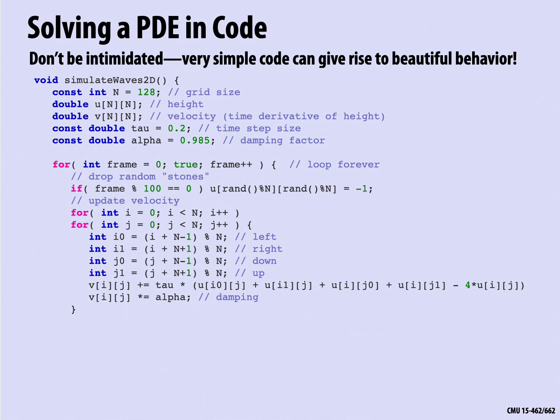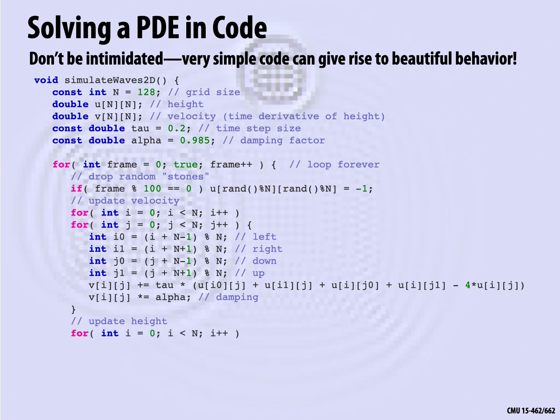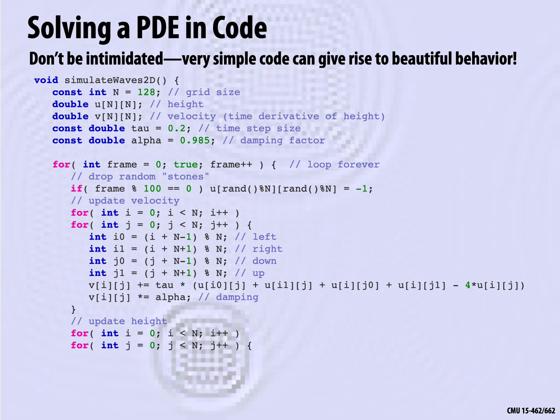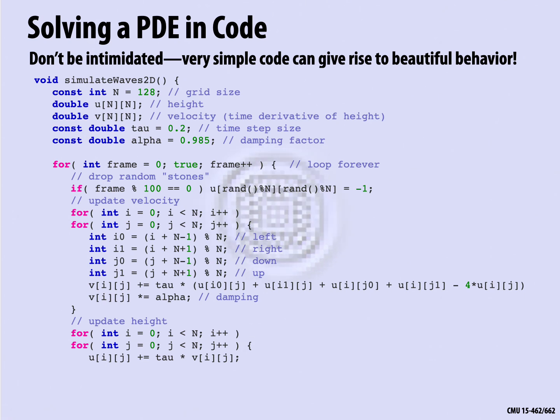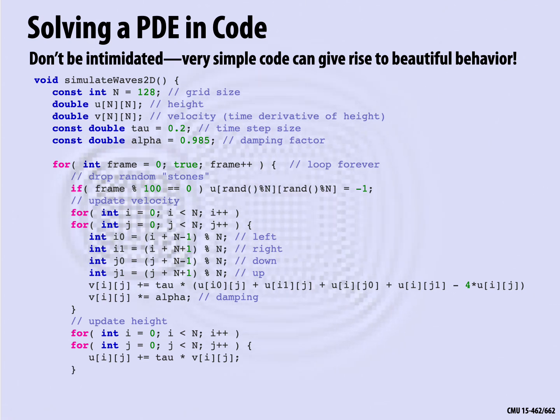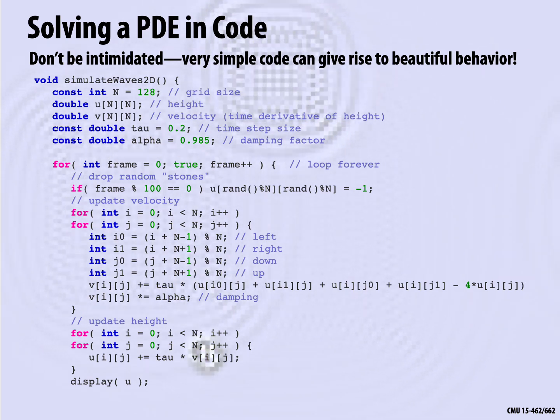And that's it for velocity. To update the height, the actual thing I'm going to see, I'll again iterate over all the grid cells. And now really simple, how much does the height change in each step? Well, it changes by the time step size tau times the velocity at that grid point. Pretty easy, okay? And then I go ahead and somehow display this.